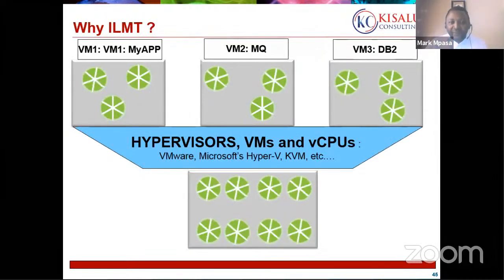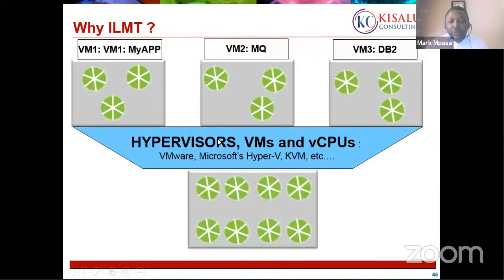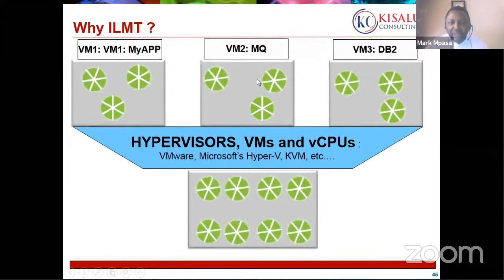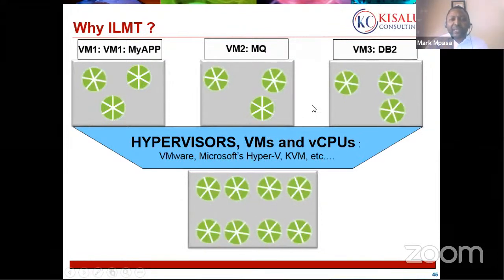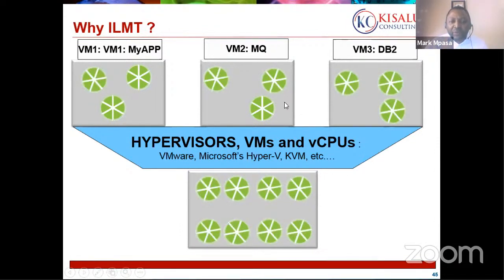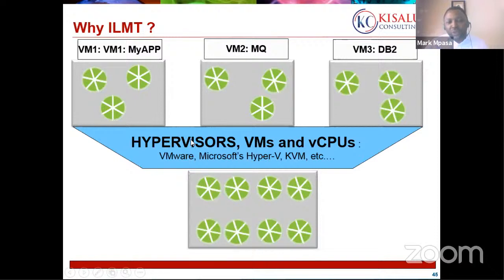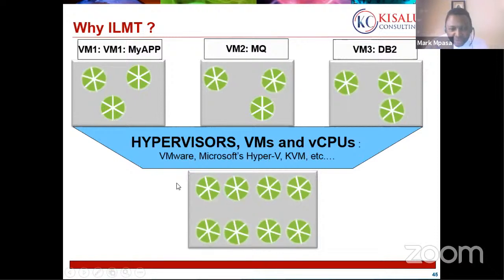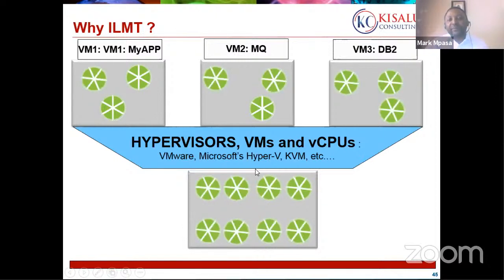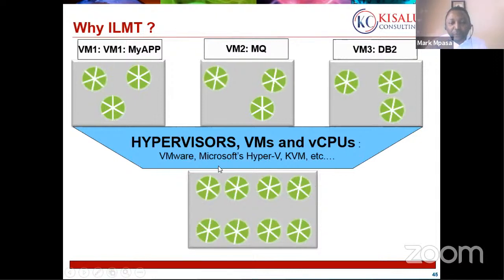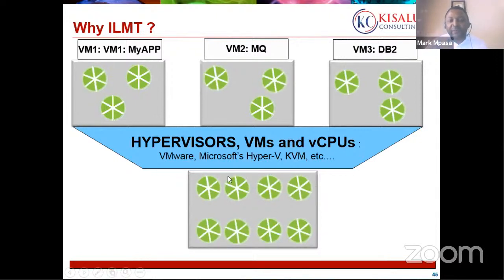The rules are, if you are using these systems and you don't have ILMT, remember, you say you are using 3 cores here and you are paying for 3 cores. If you do not have ILMT, they will charge you for what is called the full capacity. Instead of 3, you will pay 8. You'll pay for 8 cores, the full capacity of that machine.